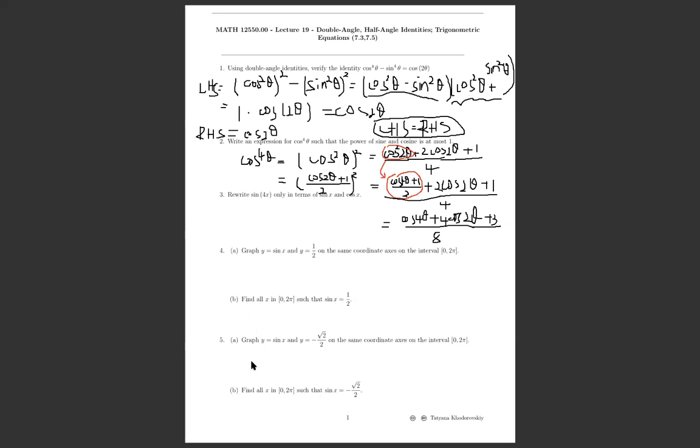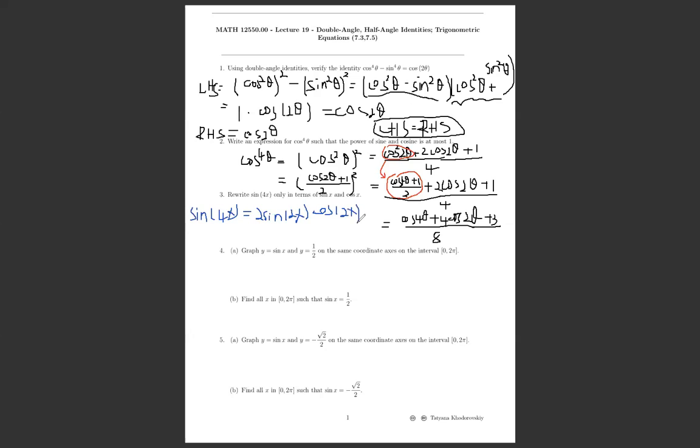Next one, you have sine of 4x. And sine of 4x is just double of 2x. So you apply the double angle identities first. So that is 2 times sine of 2x times cosine of 2x.